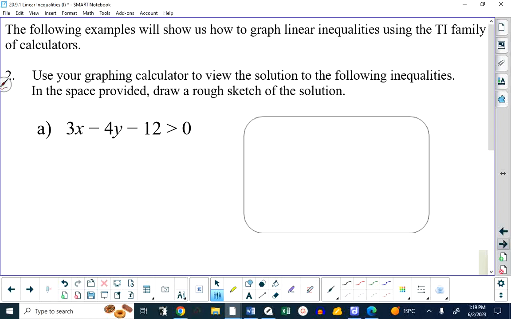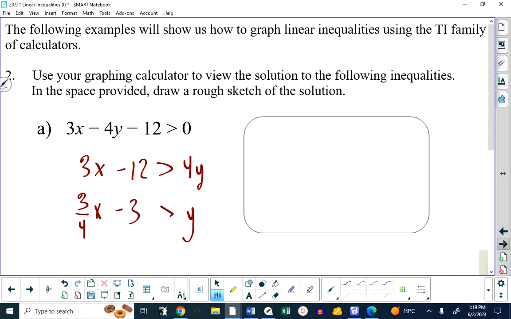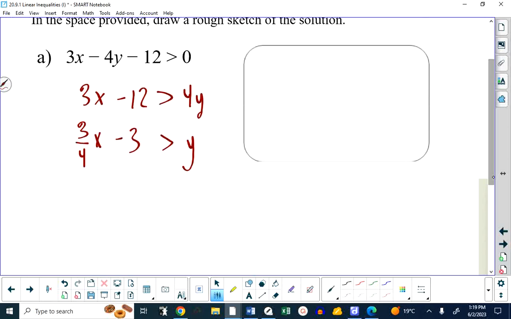I guess you can, but then you have to remember that seldom used rule of switching the sign. So I get 3x minus 12 is greater than 4y. I divide everything by 4, and I get 3/4 x minus 3 should be greater than y. And I read it the other way. So my inequality is this. Y is less than 3/4 x minus 3. And I'm going to graph that on my graphing calculator.